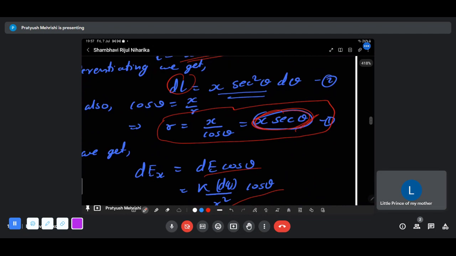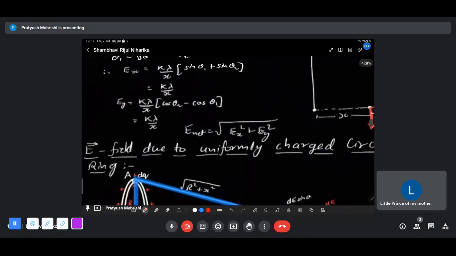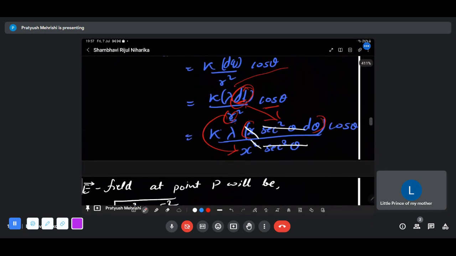So r square we will write x square sec square theta, and dl we will write x sec square theta d theta. Cos theta is outside here. x square sec square theta is written here. So sec square theta is cancelled out. One x is cancelled out. What is remaining? k lambda by x cos theta is remaining.